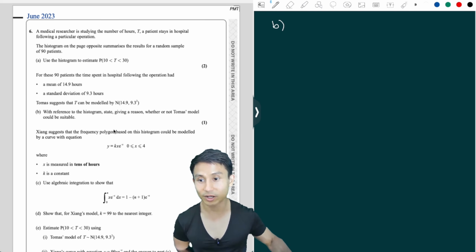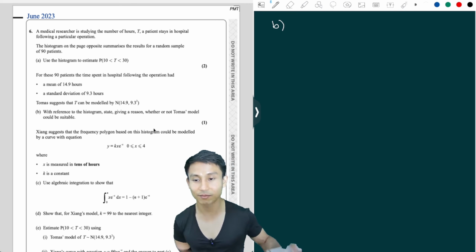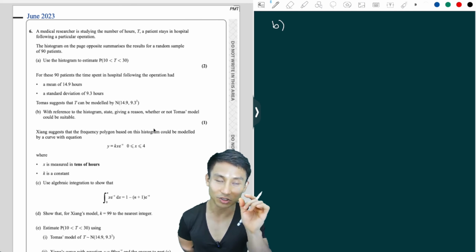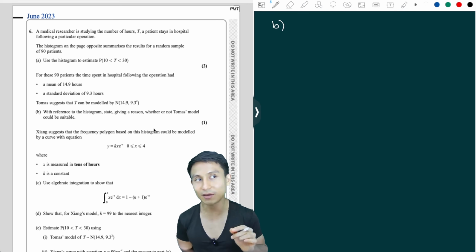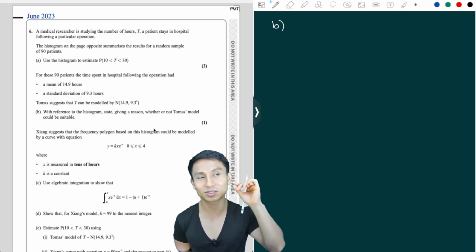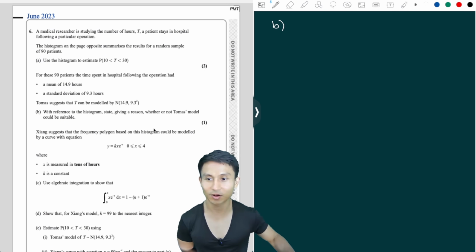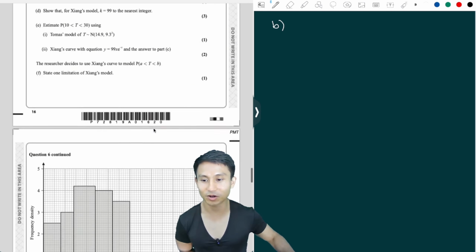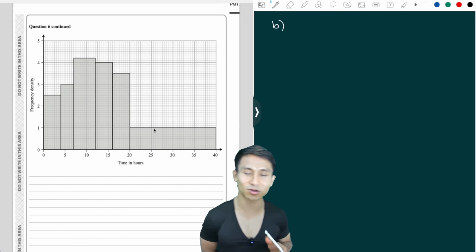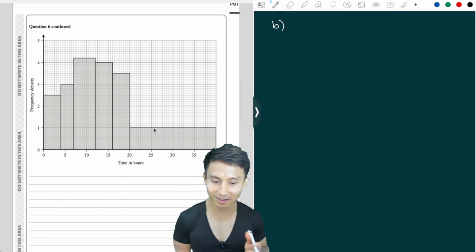Well, we've got to use the histogram, and bear in mind that for normal distribution, the key property is symmetry. It is symmetrical, right? And we know that the histogram looks not so symmetrical here.